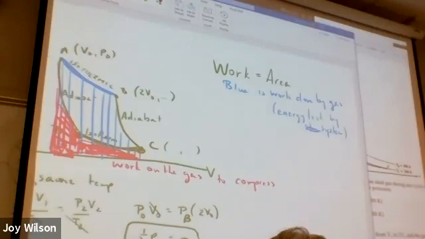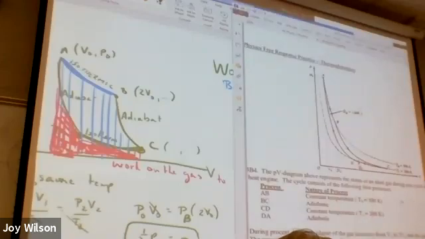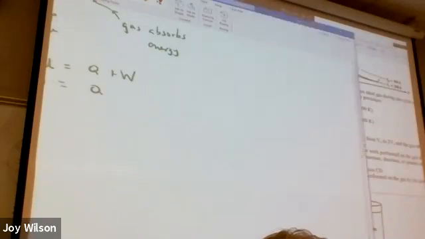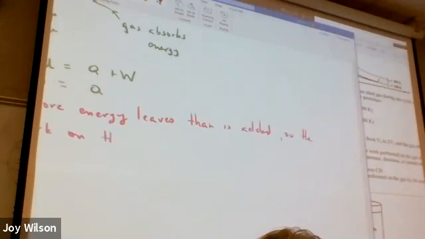Which area is bigger, blue or pink? Blue, which means that our answer to part D would be more energy leaves than is added. So the work on the gas is negative.